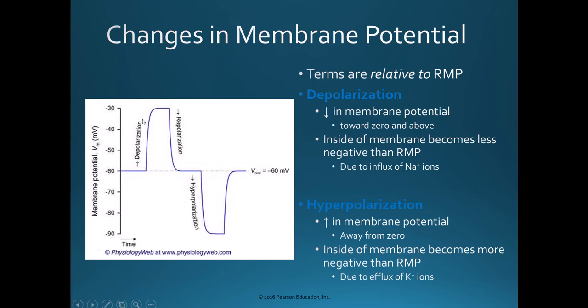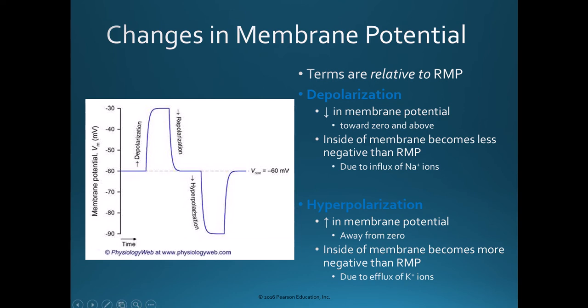It's actually a decrease in the membrane potential, meaning the polarity, the difference between the inside and the outside, is getting less. So depolarization is when we make the membrane potential less negative, potentially positive, which is usually due to the influx of some positively charged ion like sodium, but sometimes it's calcium.